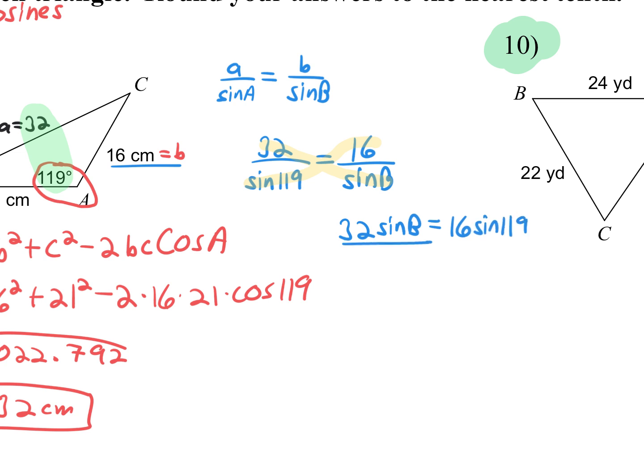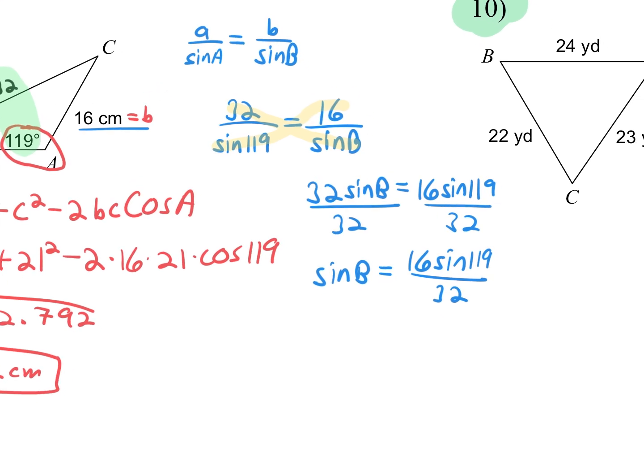And then you want to get sine of B by itself, so let's divide by 32. And then we get sine of B equals 16 sine of 119 over 32. All right, this gets us sine of B, so how would we just get B?